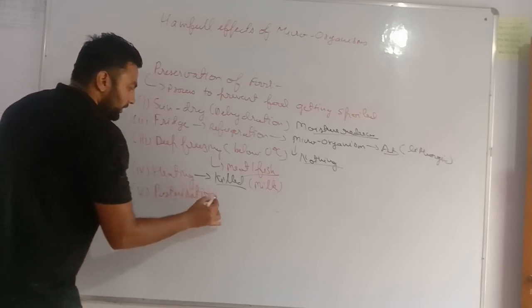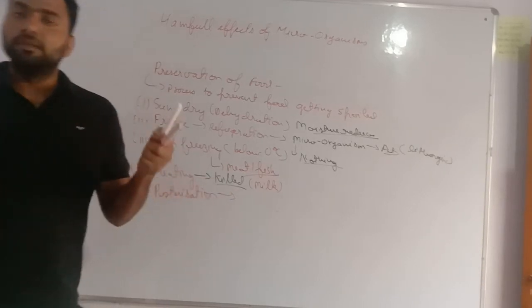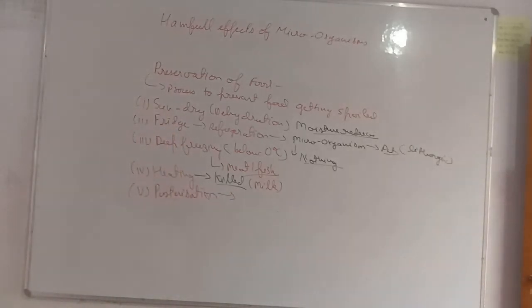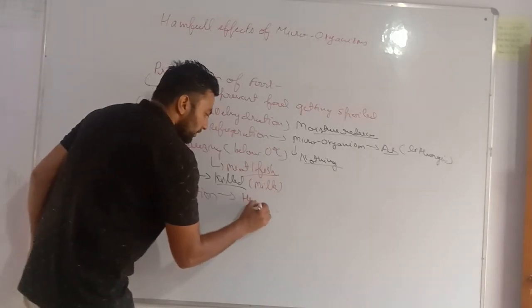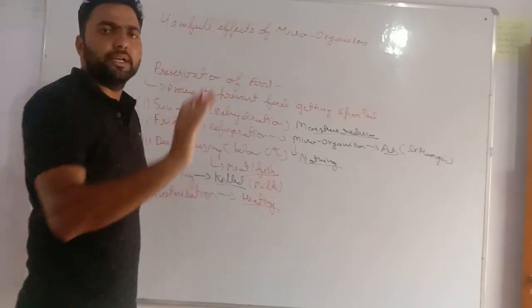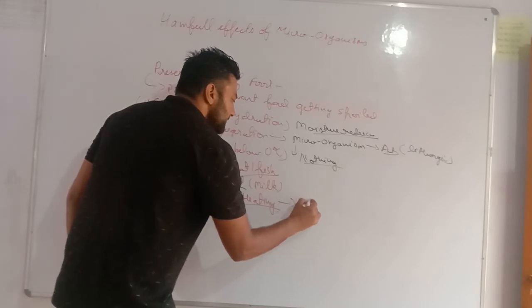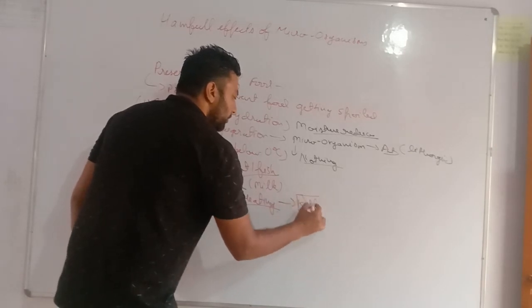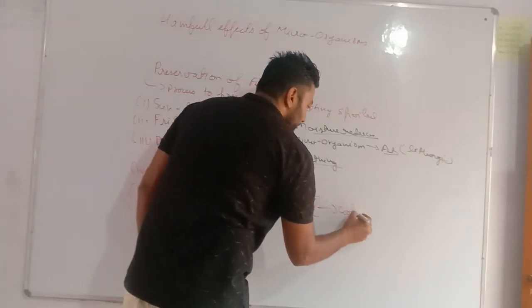The fourth point is pasteurization. Pasteurization is very important. What is pasteurization? My dear friends, pasteurization is practiced in dairies. First of all, food is heated a lot, around 80 or 90 degrees for 10 to 15 minutes. While heating, almost all the germs are killed, and all of a sudden it is cooled down.